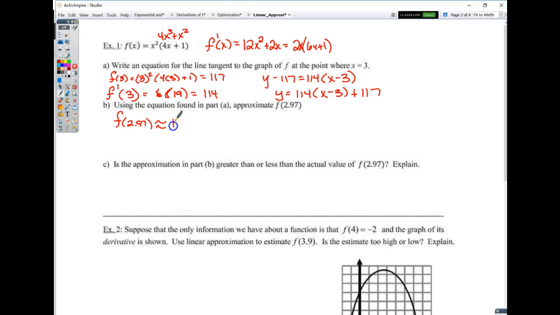So what I'm going to do is 114 times 2.97 minus 3 plus 117, or 114 times 0.03. Because what I've said is that y is approximately this, and then I can sub in 2.97 for x, and because it's close to 3, I'm going to get a near answer. I'd like you to figure out what that value is. We'll talk about C tomorrow.